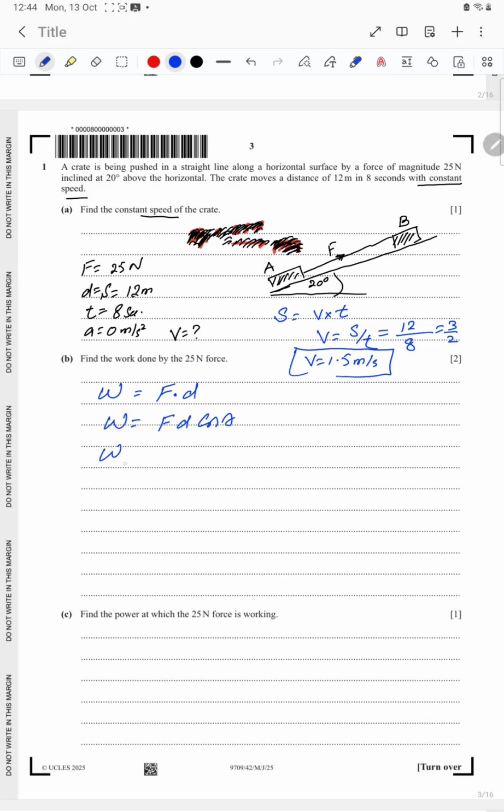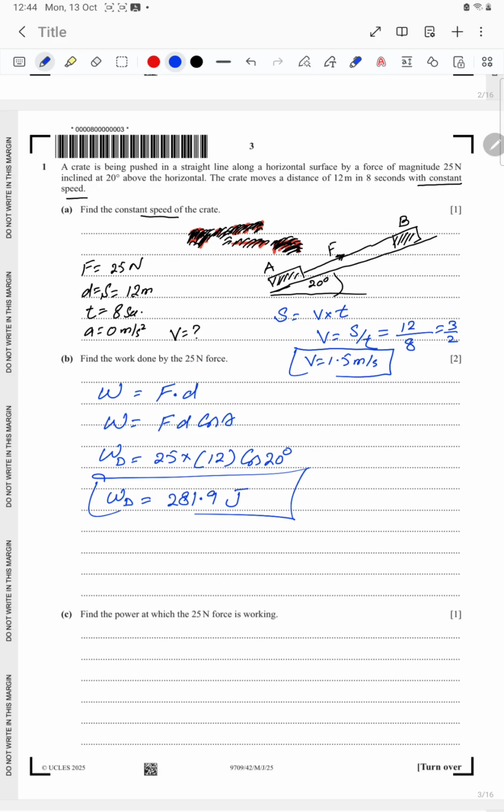So the work done by the driving force is F is 25, D is 12 meter, and theta is 20 degrees. Using the calculator, 25 times 12 times cos 20 is 281.9, and as the unit of work is joule, you can write joule as the unit.